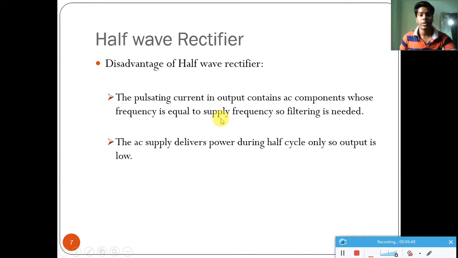So in order to remove the ripple factor from the rectified output, we need a filter such as a capacitor filter or inductor filter. We will discuss filters later. The AC supply delivers power during the half cycle only, so the output is low. Obviously the input side has more voltage, but at the output we get less voltage because the negative half cycle has no current.